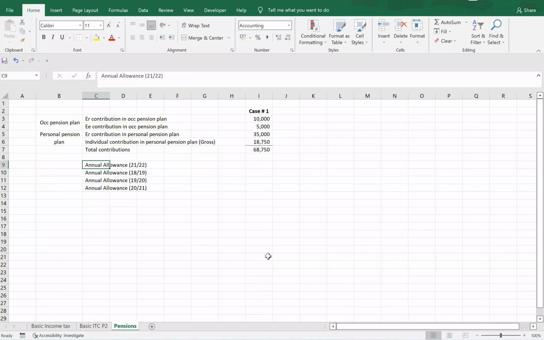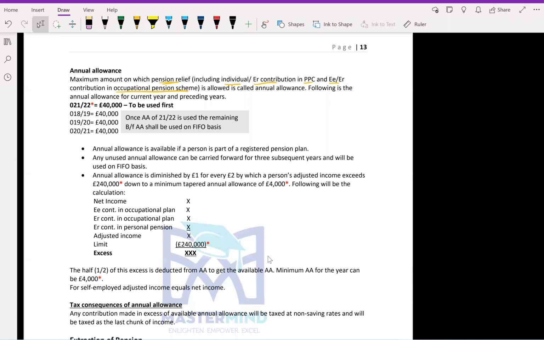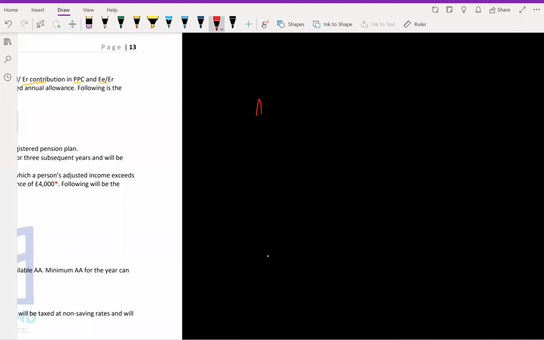Obviously, I'm going to explain to you, right? Every year, you get an annual allowance of 40,000. If you look at the law over here, every year you get annual allowance of 40,000. Now, for 21, 22, it's 40,000 pounds.